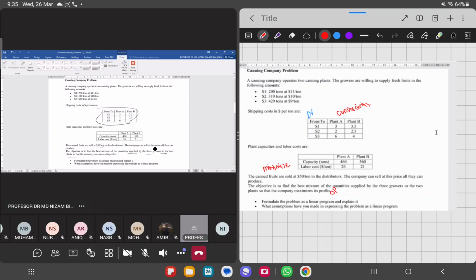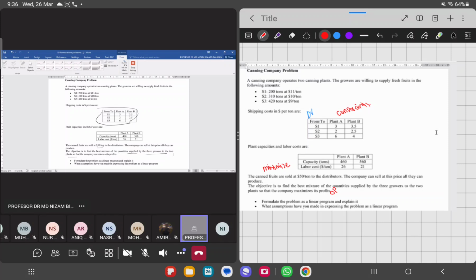So quantity supplied by whom? So again, read the objective clearly, carefully. The objective is to find the best mixture of quantity supplied by the tree growers to the two plants. So what does it mean?